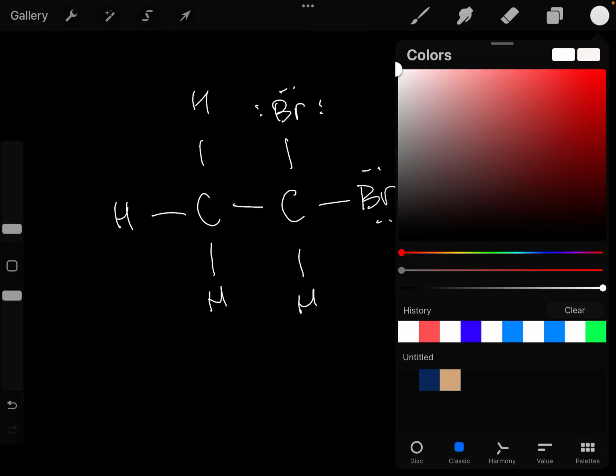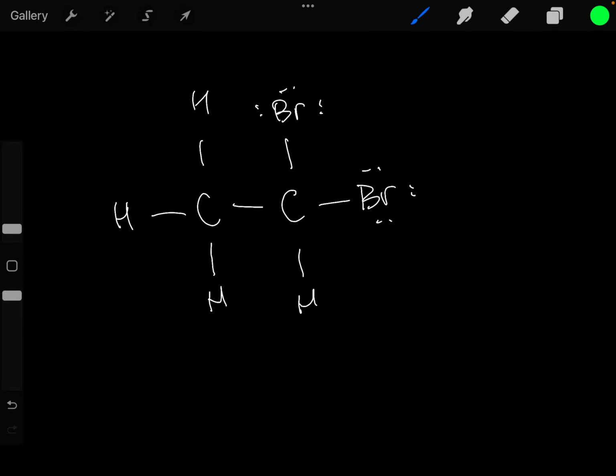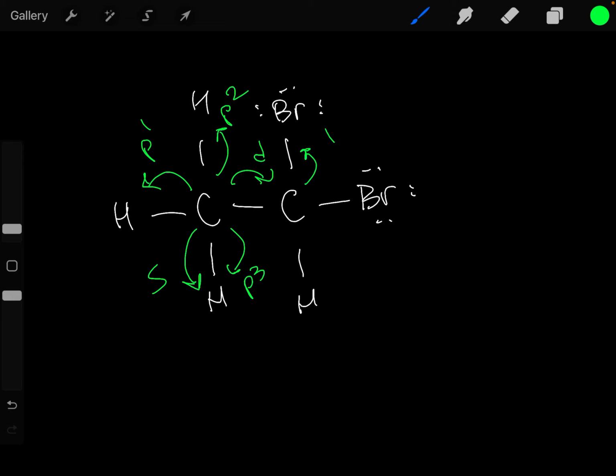Okay, so let's look for connections. S, P, P1, P2, P3. But no, it's not SP4 because that's not a thing. It just goes up to the third P orbital. And then we go to D, D2, D3.